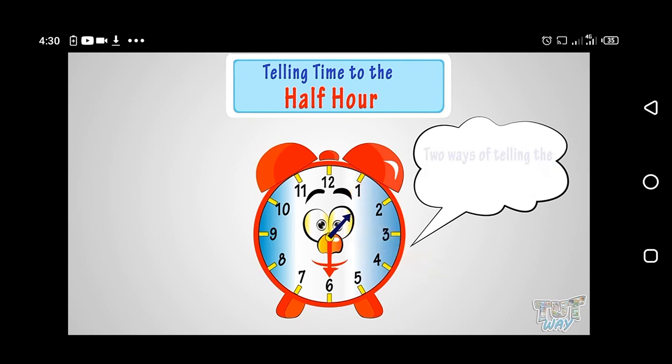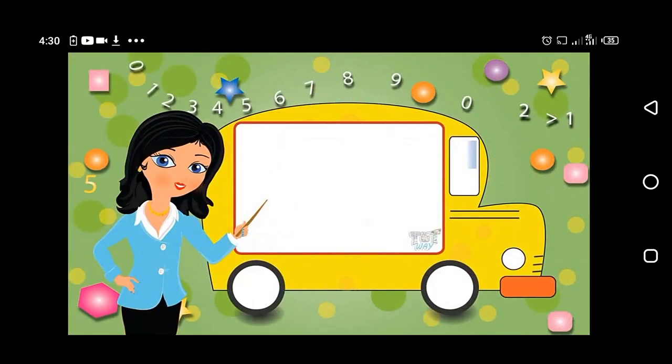Also, we have two ways of telling the time to the half hour, like half past 1 or 1:30, half past 2 or 2:30, half past 3 or 3:30, half past 4 or 4:30. So, now you may go ahead and take a quiz to learn more.